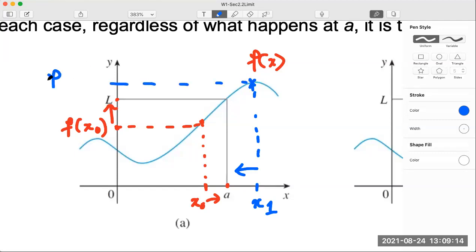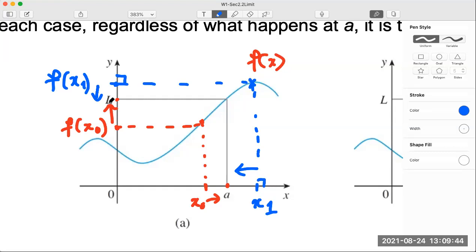It will give us the value f of x1 in this y-coordinate. So as x1 comes closer to a from the right-hand side, f of x1 will come closer to L this way.